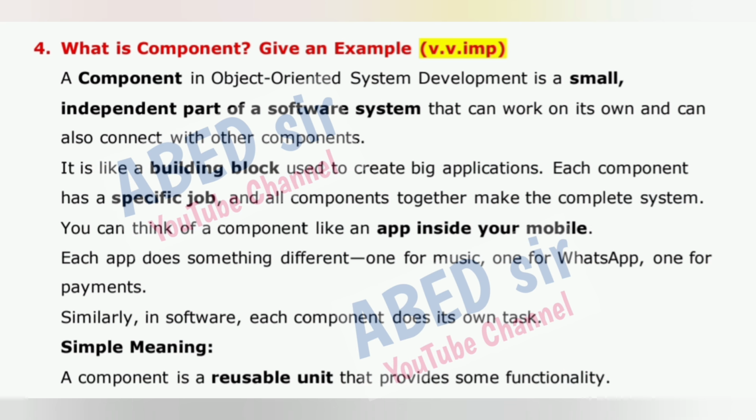You can think of a component like an app inside your mobile. Each app does something different, one for music, one for WhatsApp, one for payments. Similarly, in software, each component does its own task. Simple meaning: a component is a reusable unit that provides some functionality.